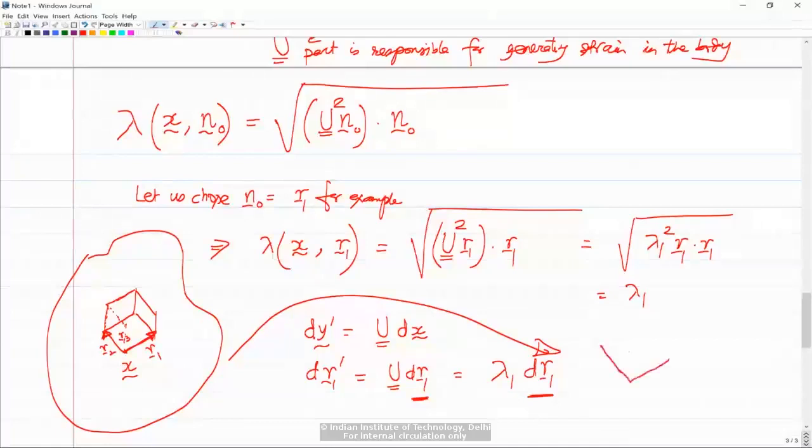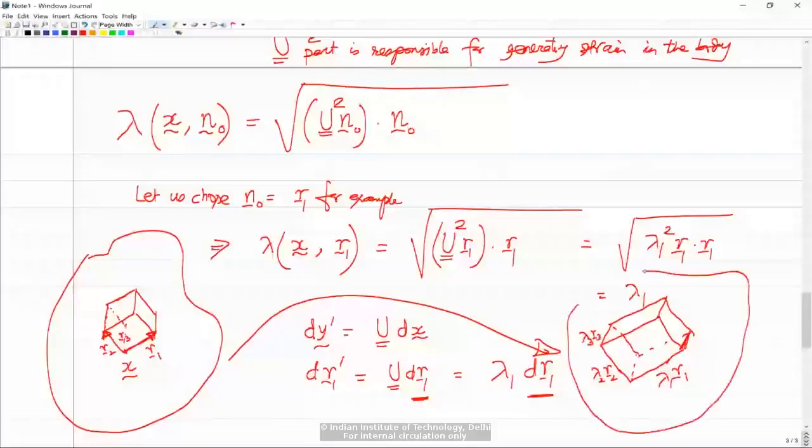It's just that its sides are getting stretched. So this is lambda 1 R1, this is lambda 2 R2, and this is lambda 3 R3. And that's the body.